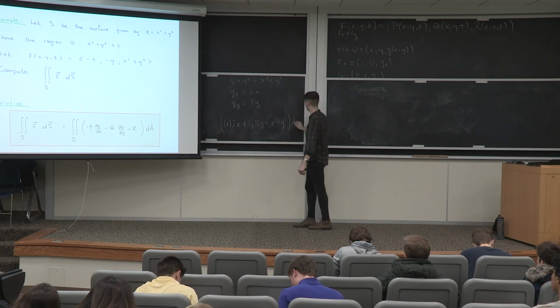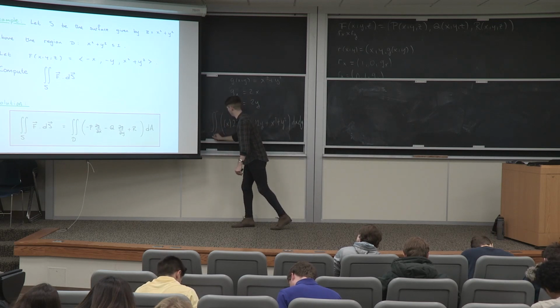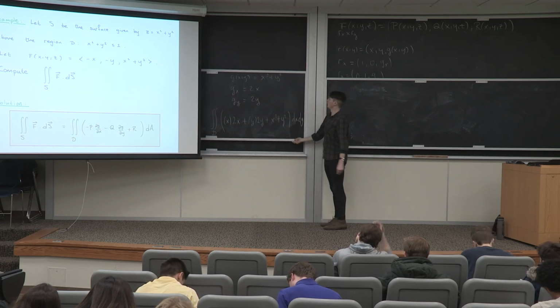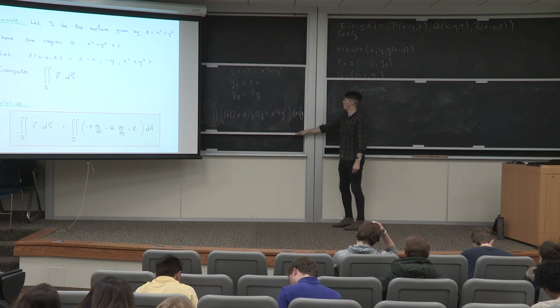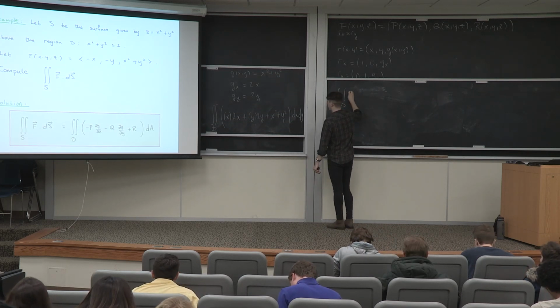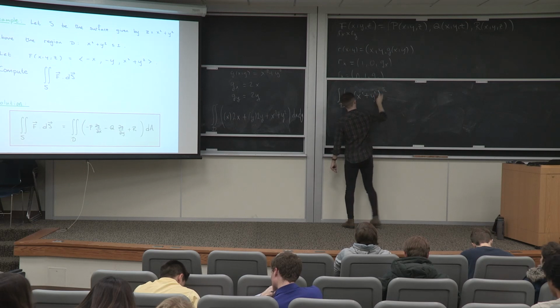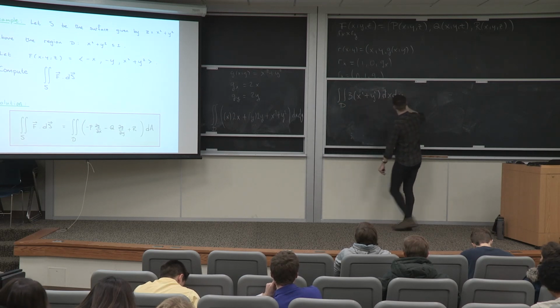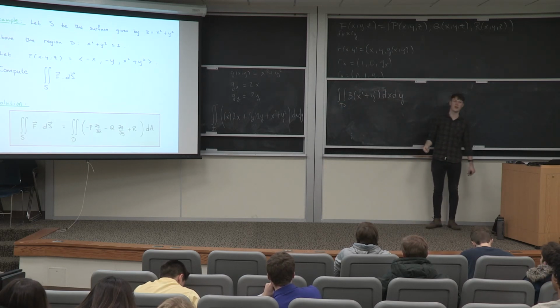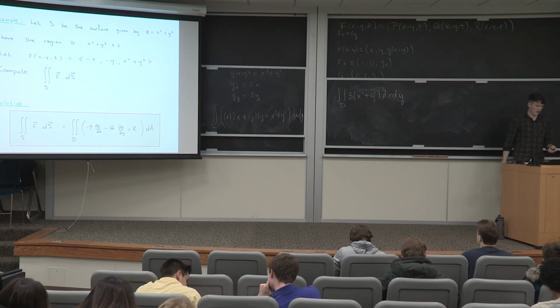And I have dx dy integral over D. Flesh this out, what do you get? So overall, 3 times x squared plus y squared dx dy. What are you going to do? Switch to polar. Very good. Okay. Right.